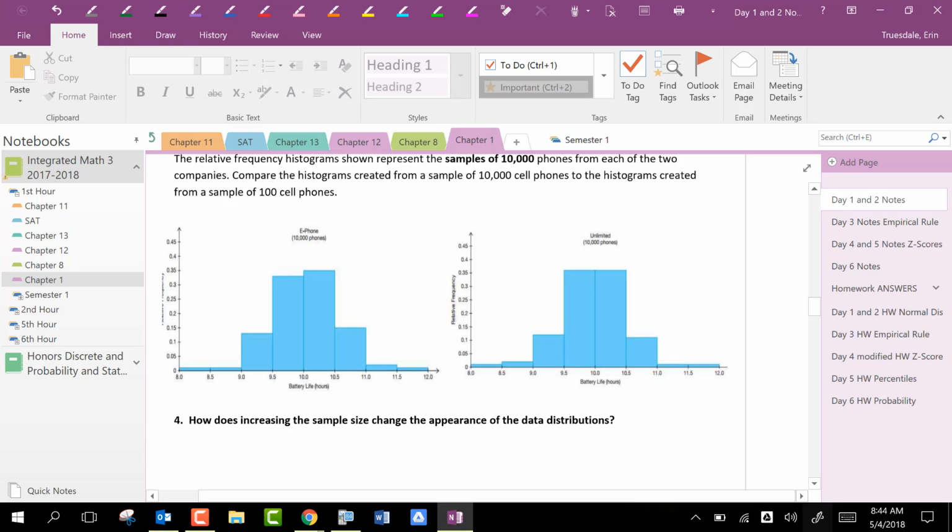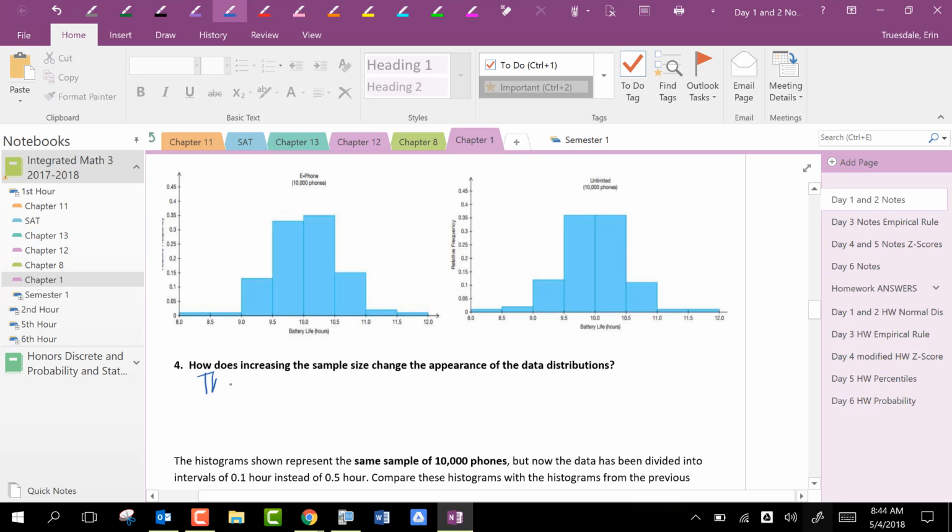It doesn't change a whole lot, but I guess a little bit more data is clustered towards the mean, so these ones are lower, and then these ones are maybe the same, but we have a bigger percent of phones that are near the mean.